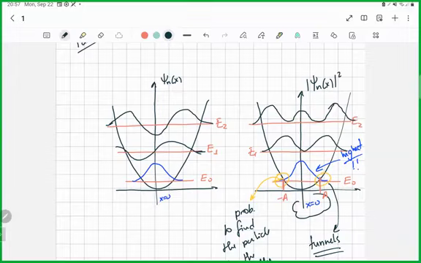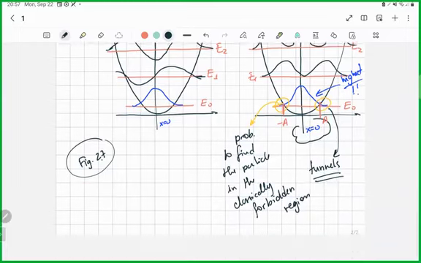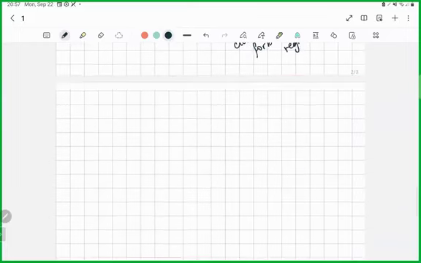My drawing is very bad. I suggest that you look at figure 2.7 in your book to get nicer figures. But the important thing is that as we go higher in energy, we are getting more and more oscillations. Eventually, if you go to a very large energy, for example n equals 60, and you try to draw the probability density, you will see something very interesting.